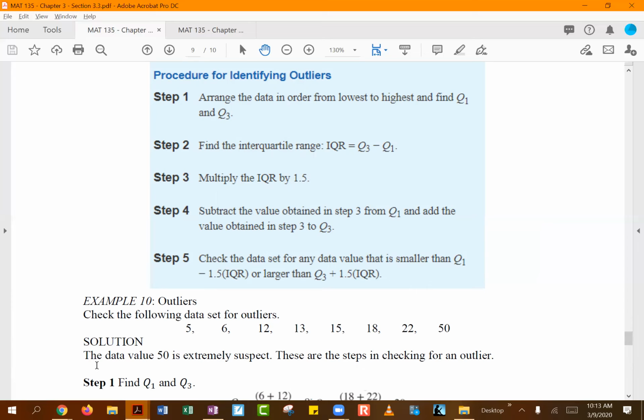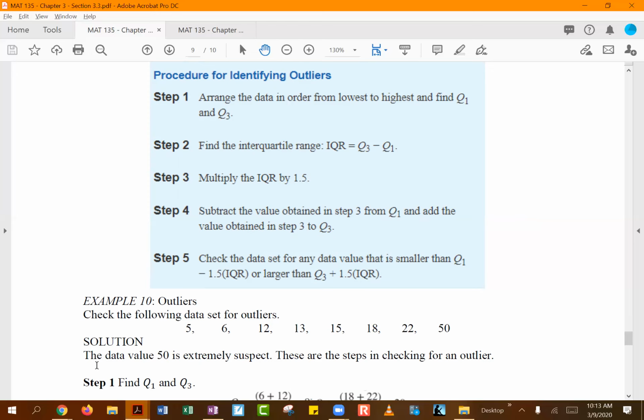Then multiply it by 1.5. Whatever answer you get, subtract that from quartile 1 and add that to quartile 3, and then you should be able to see if your data set has a value that falls below or above those calculations.